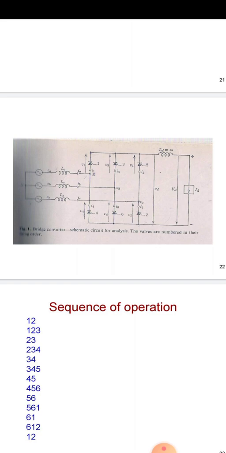The commutation margin angle epsilon is equal to the extinction angle gamma, only for values of beta less than 60 degrees. This is how the AC signals are converted into DC, depending upon the converter or inverter.